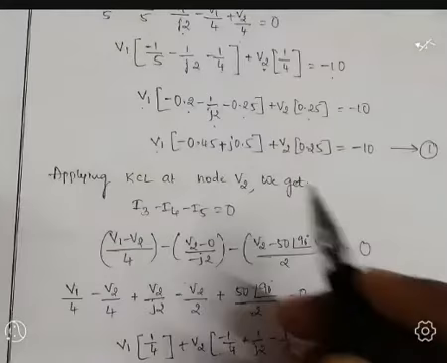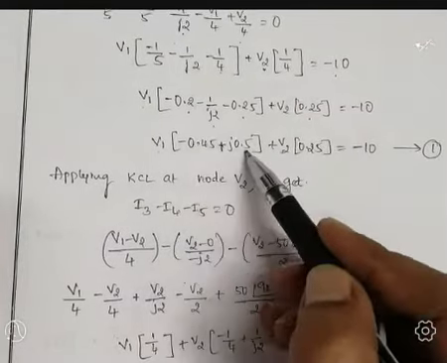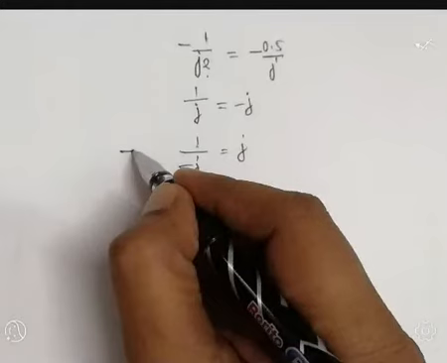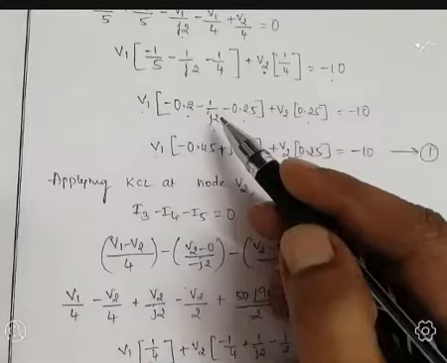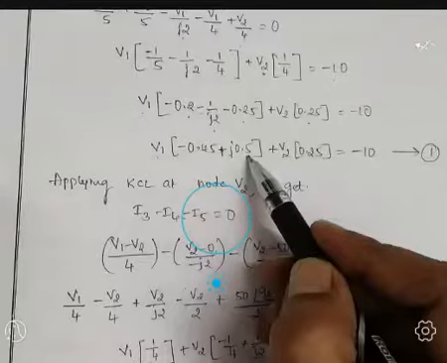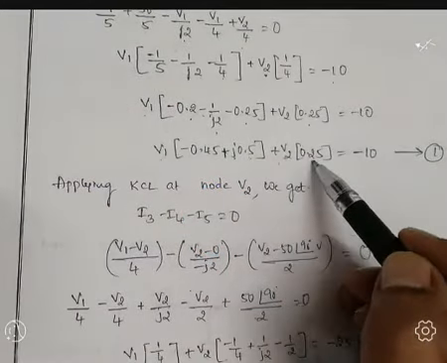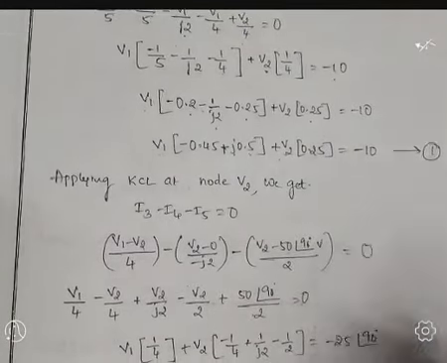So minus 1 divided by j is equal to plus j. 1 by 2 is 0.5, and the remaining part is as it is, plus V2 multiplied by 0.25 is equal to minus 10. I will represent it as equation number 1.